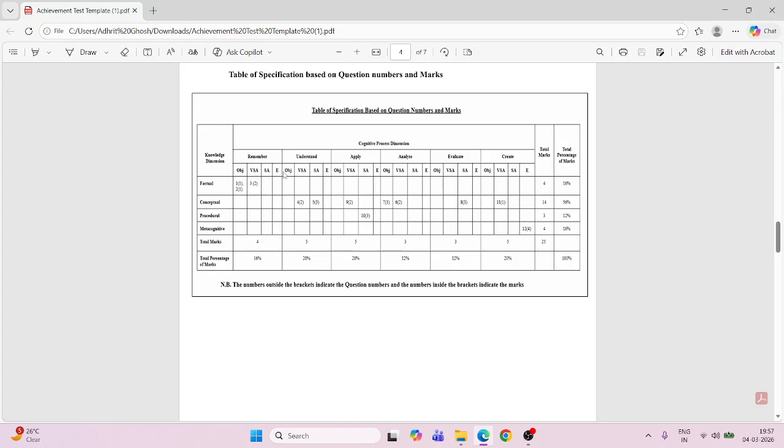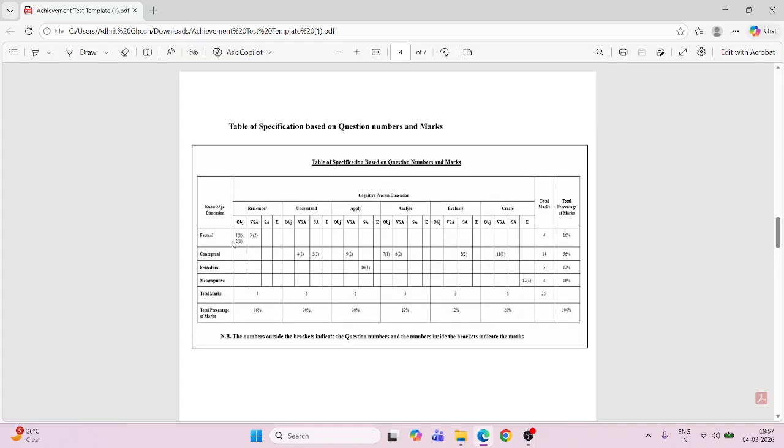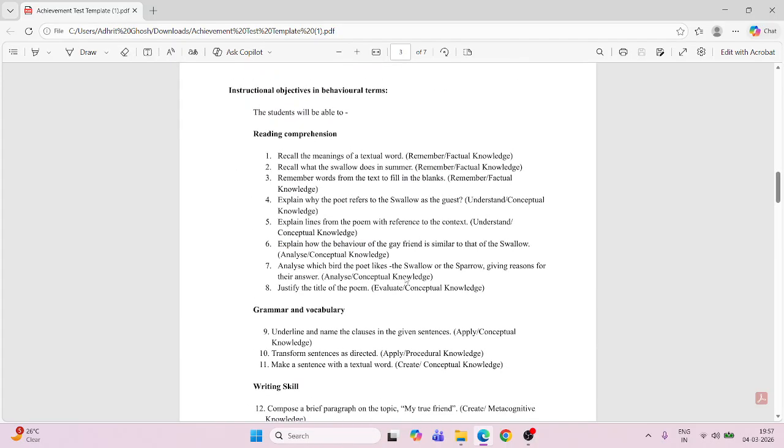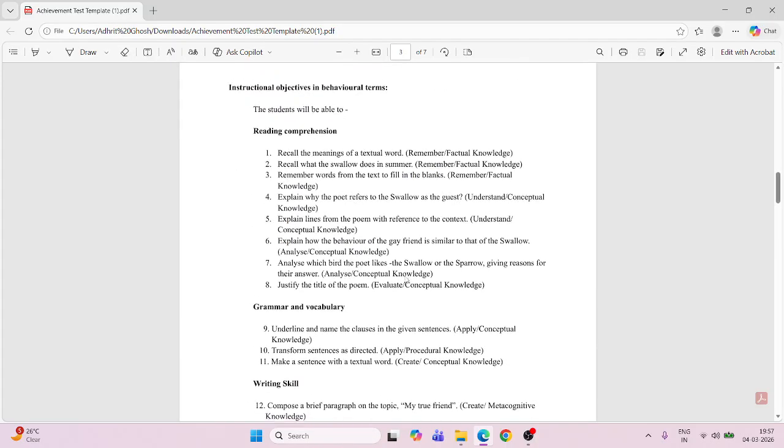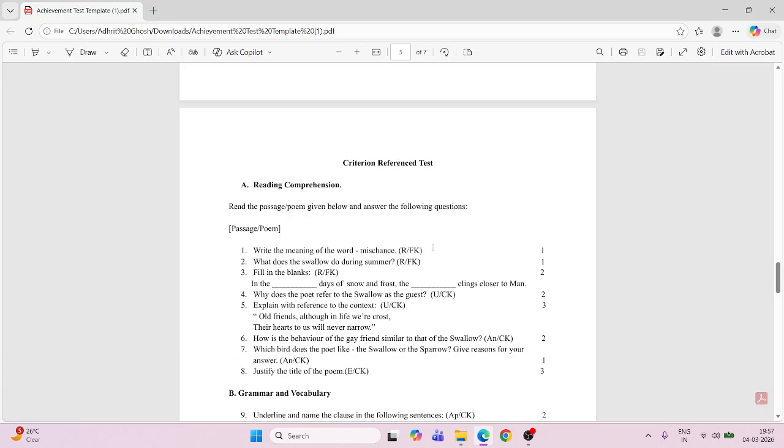Here, because we have a 25 mark paper, I have written this total marks is 25, and so total percentage you have to calculate as per your allotment. So you have to note down. See, here it is written, the numbers outside the brackets indicate the question numbers and the numbers inside the brackets indicate the marks. So here, as you have set the question paper, accordingly you have set the question paper accordingly.